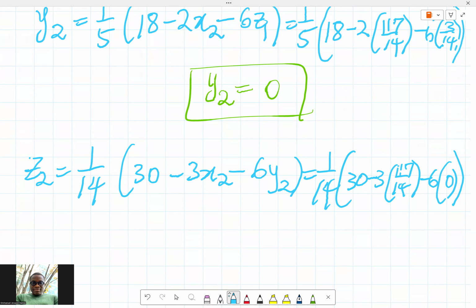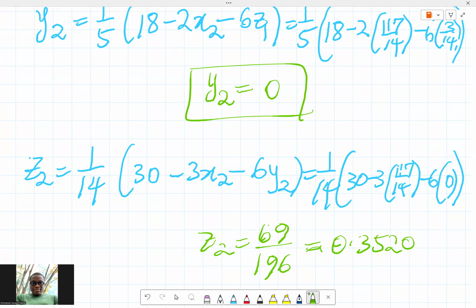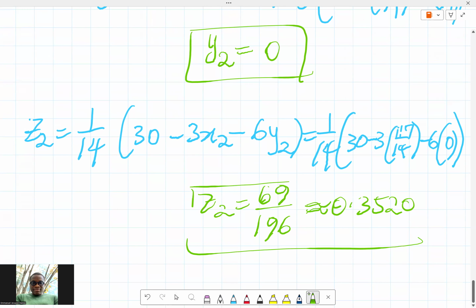Lovely to know that. Then z2 is equal to, if you punch your calculator correctly, 69 over 196, which is approximately 0.3520. And that completes the second iteration.